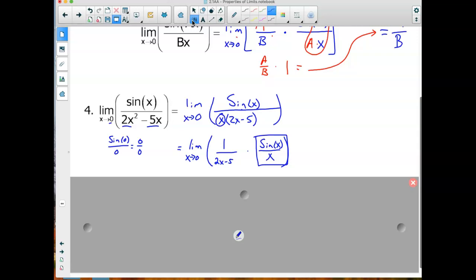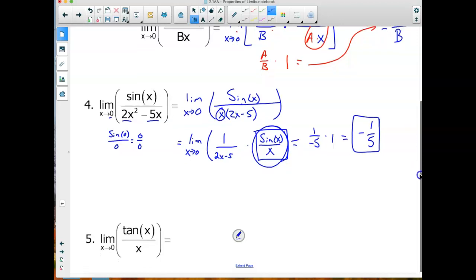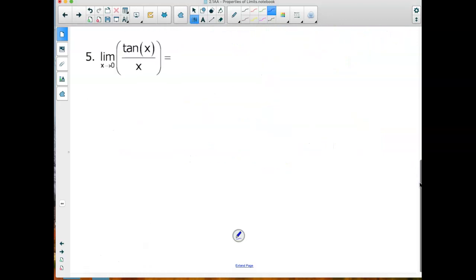I can plug my 0 in. And when I plug 0 in, this actually equals 1 over negative 5 times, I'm not plugging 0 there. I know that limit is 1, so it's negative 1/5, okay? What else do we got on here? Tangent. Ooh, fun. It's kind of an ugly one.